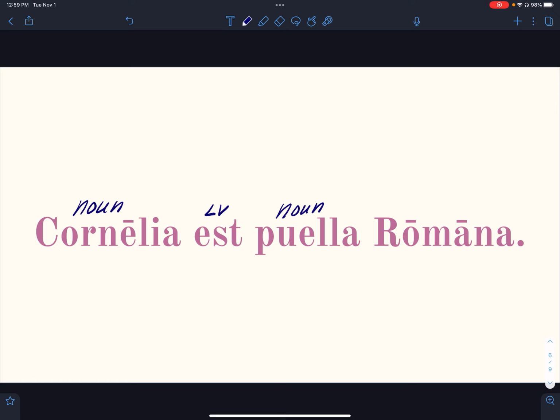What is that part of speech there, Tinjin? It's an adjective. Good. Okay. Translation for this. Jade? Cornelia is a Roman girl. Good. Okay, so we'll just write that underneath.